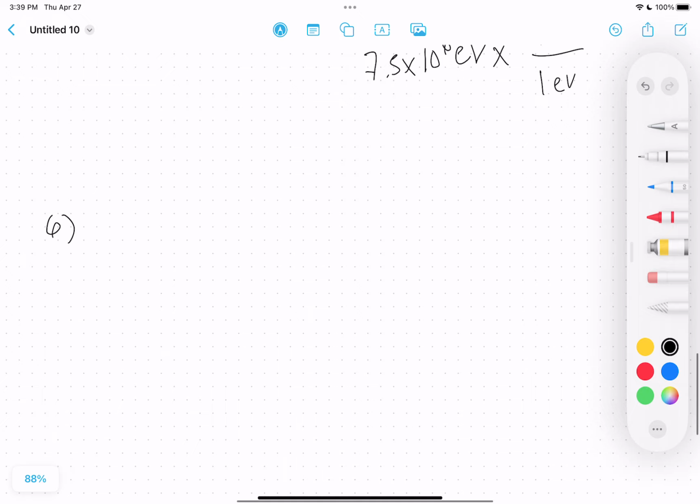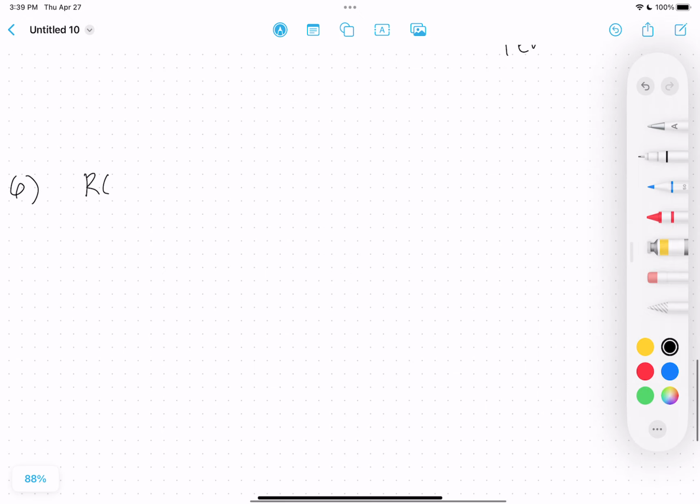So we know that the activity equation, RT, the activity after a certain period of time, is equal to the initial activity times e to the negative t, which is our total time, divided by tau, which is our time constant. Let me look at the equation sheet real quick just to double check.